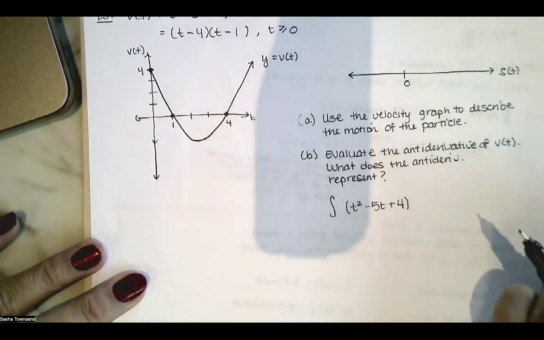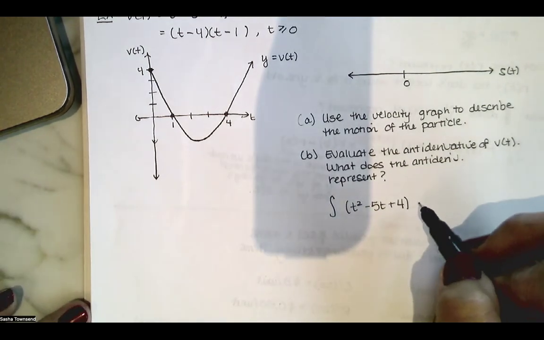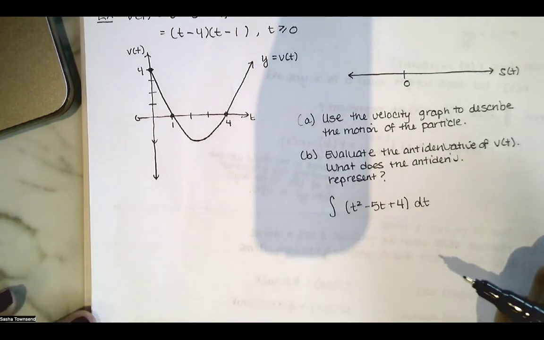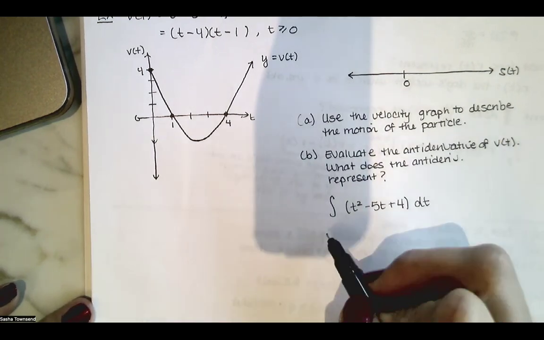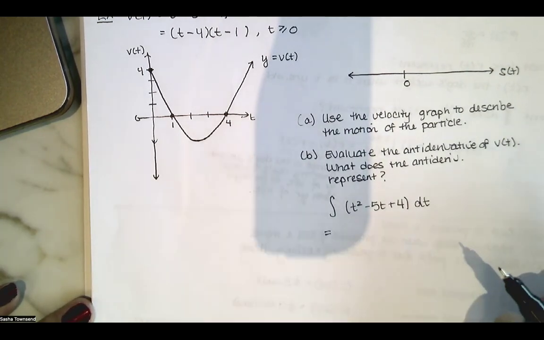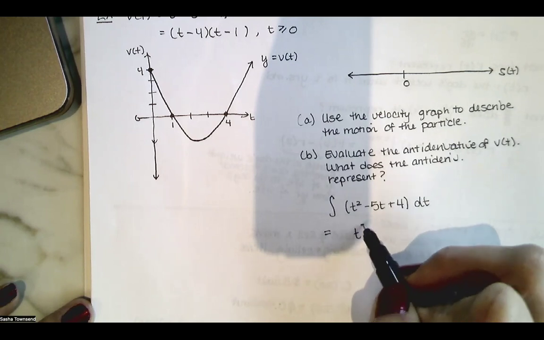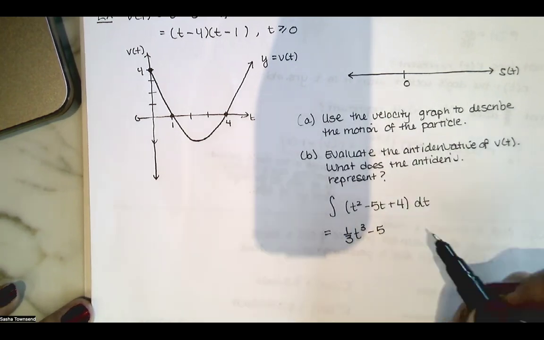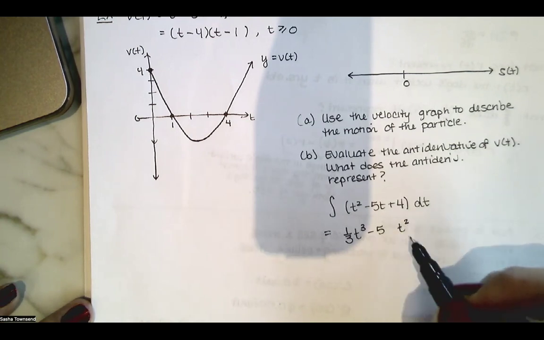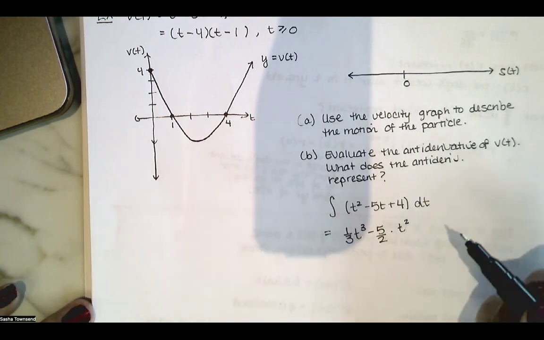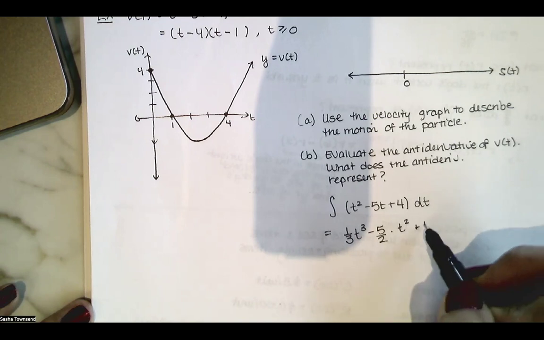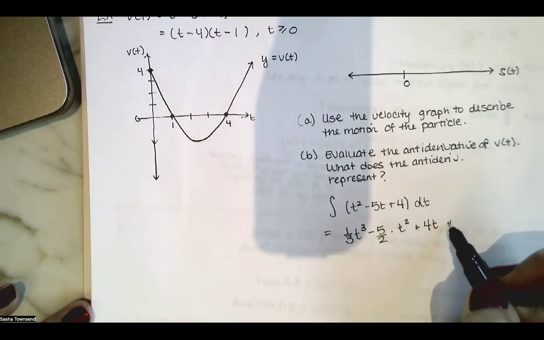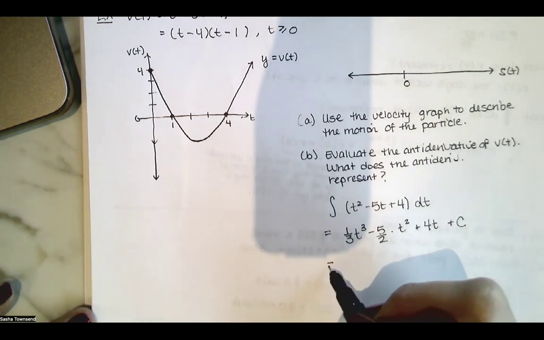Since the variable is t rather than x, we're anti-differentiating with respect to t, so you'll have a dt rather than a dx. And then we just use our basic rules, use the power rule. So we add 1 to the exponent and divide by the new exponent, bring the negative 5 down, add 1 to the exponent and divide by the new exponent. And then the antiderivative of a constant is a constant times t, and then we're going to add a constant.